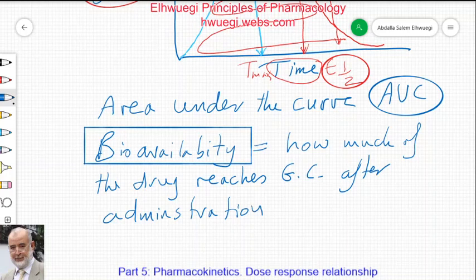Bioavailability is a very important term, as we will see later, because it will determine how much of the drug will reach the site of action and can produce action.